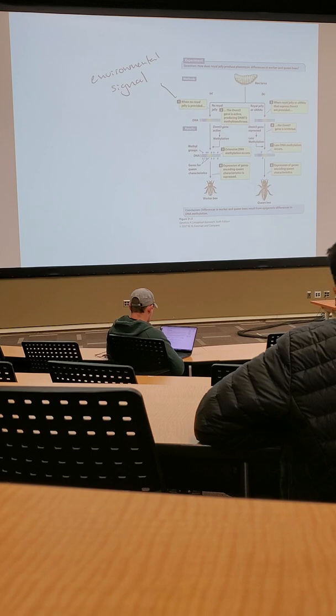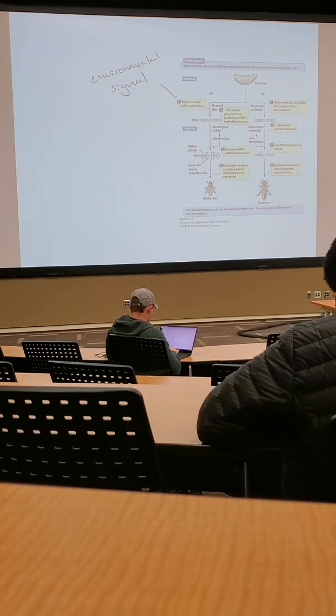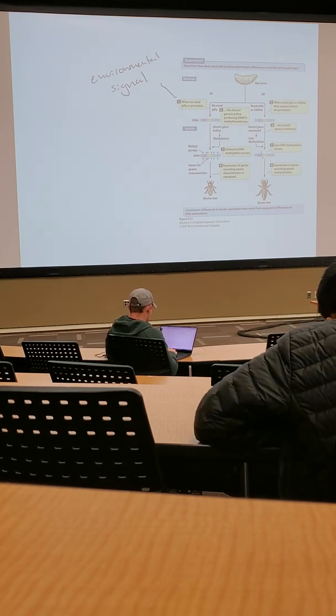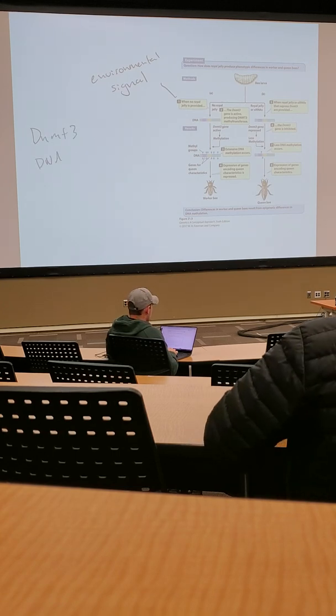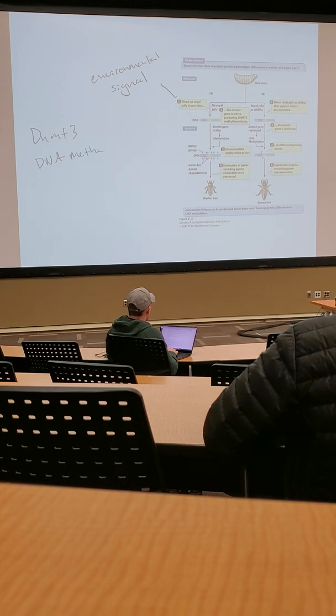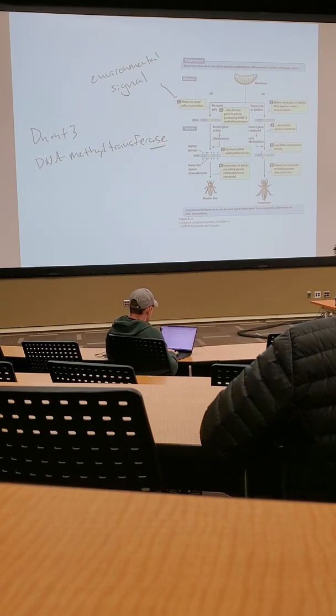If there's no royal jelly being provided, there's no activation of the methyltransferase. That's what this thing here is, the DNA methyltransferase, an enzyme. What is its job? To transfer methyl groups onto DNA sequences.